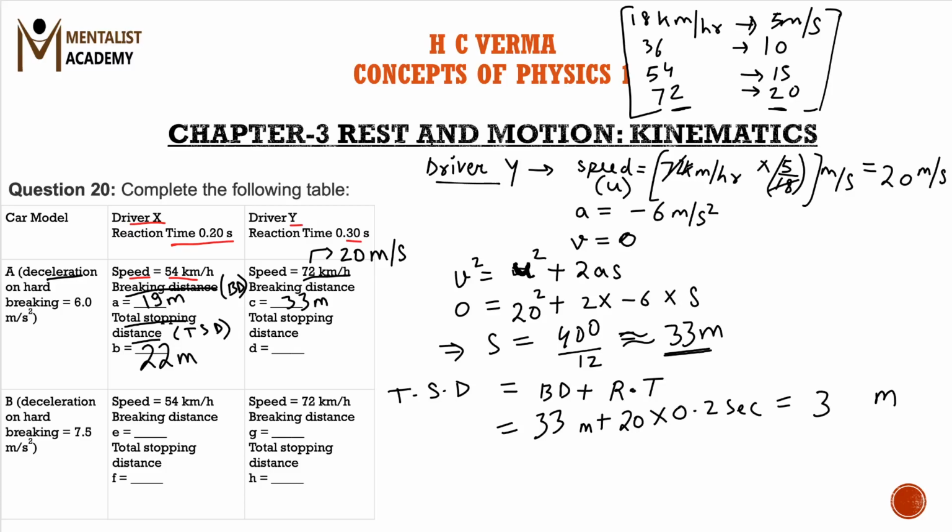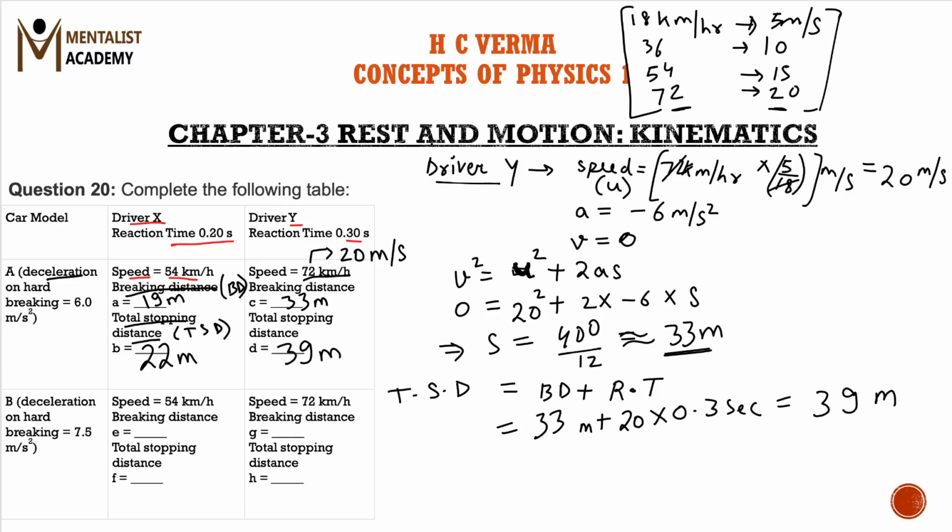I'm sorry, the reaction time is also different. The reaction time is 0.3. So 20 into 0.3 would be 6 and 33 plus 6 would be 39 meters. So this would be 39 meters.